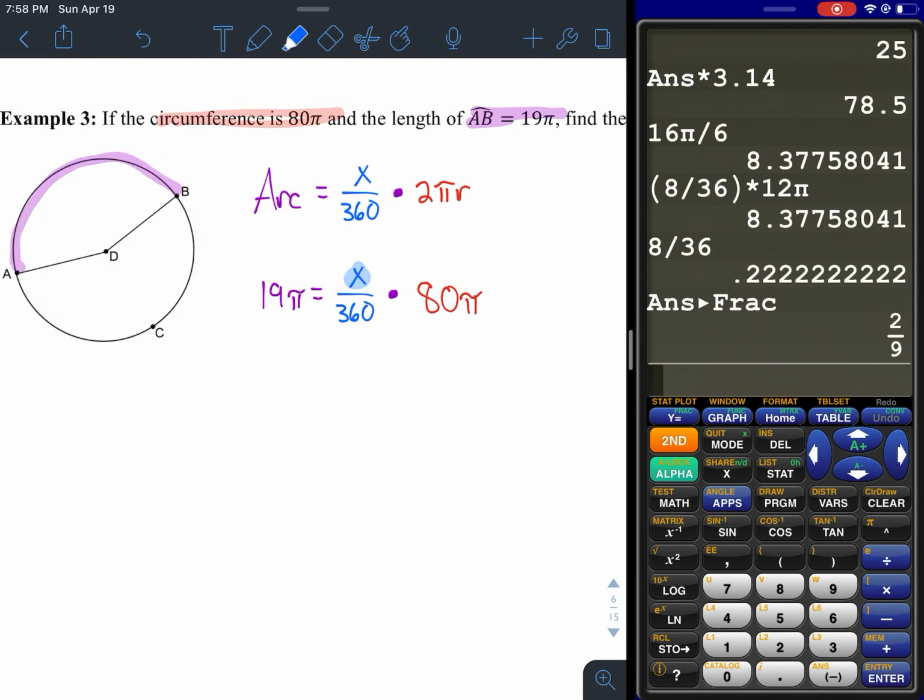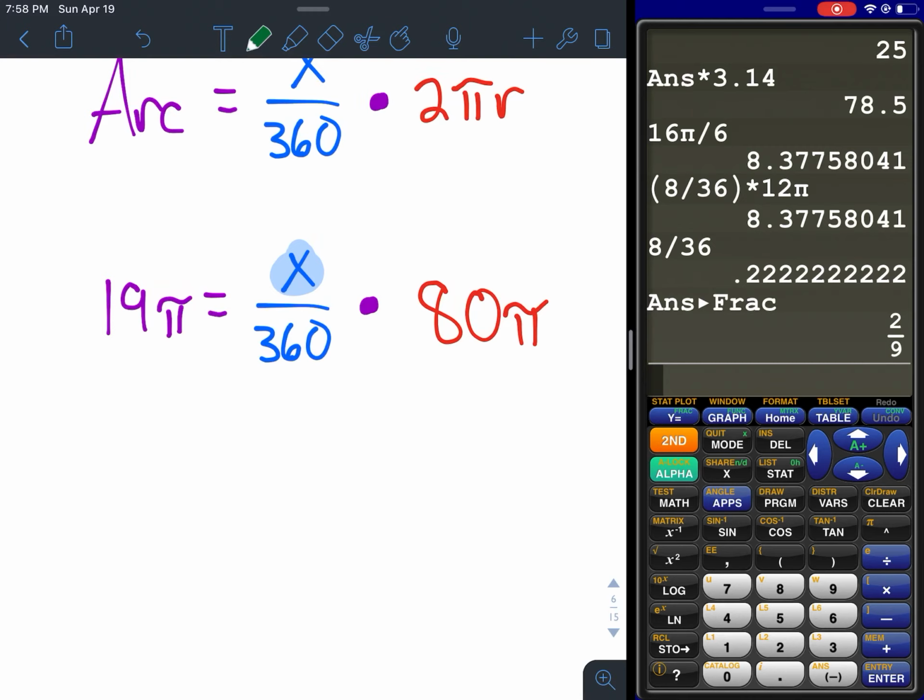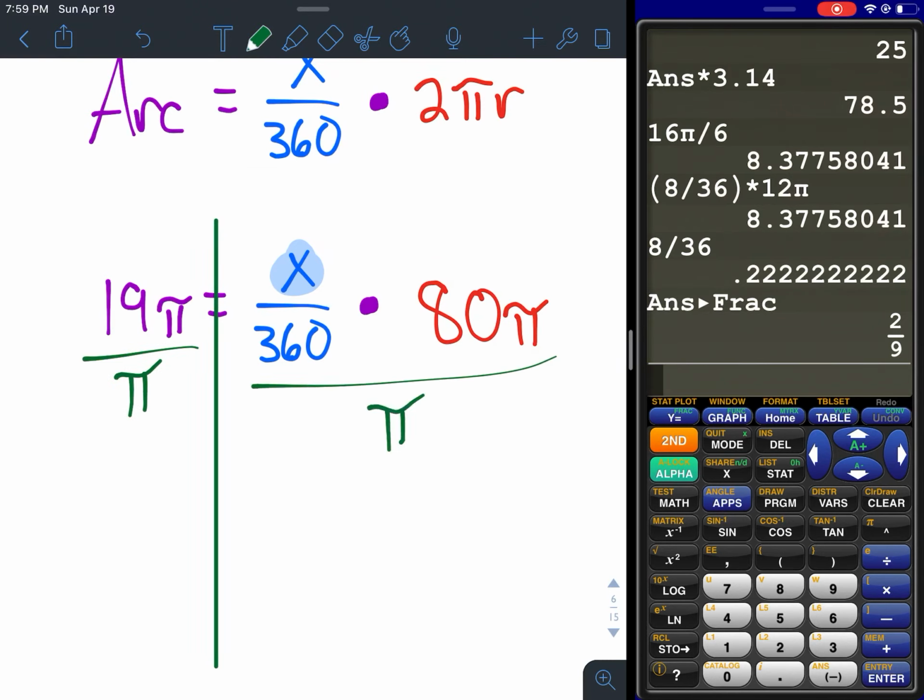All right, so in algebra, we've got to get x by itself. First thing we want to do is just get rid of the things that make us uncomfortable, and hopefully that thing that makes us uncomfortable is a pi. So if both sides of the equal sign have a pi, then we can get rid of it through division. So divide both sides by pi. Pi's go away.